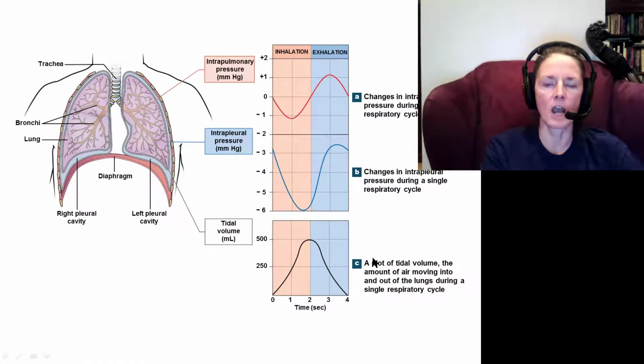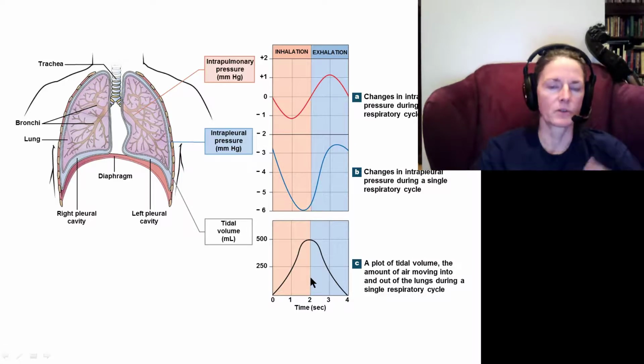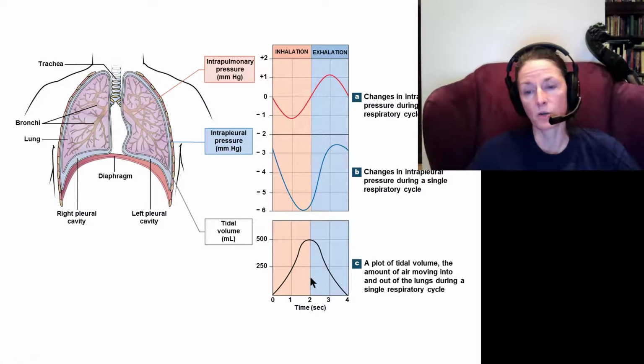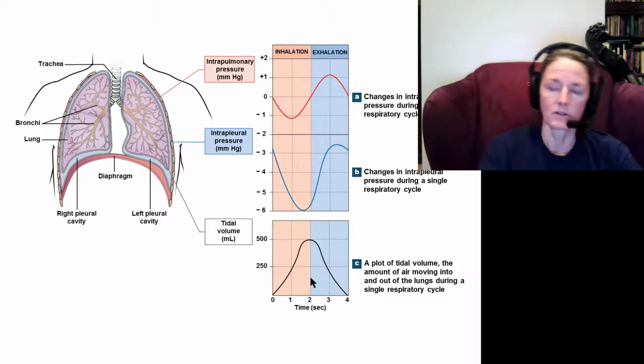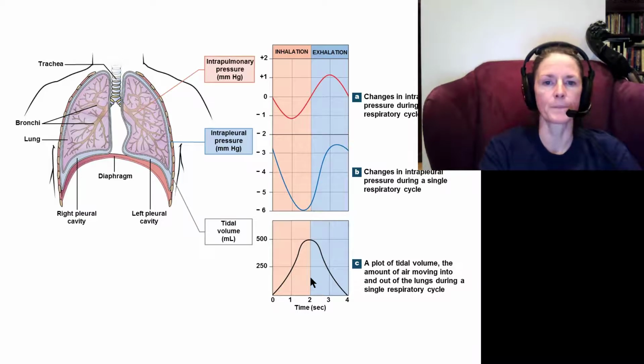And then we have our tidal volume, which is about how much air we inhale. And of course, we're going to exhale the same amount of air that we inhale. And so our tidal volume is just going to be whatever we inhaled. So it's going to be 500 milliliters, because in this case, we're just resting. If we're doing some strenuous physical activity, that could increase quite a bit. But nevertheless, however much we increase, that's what we're going to exhale during a single respiratory cycle.